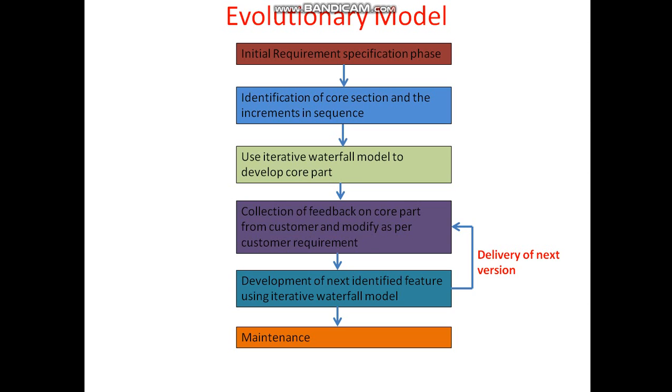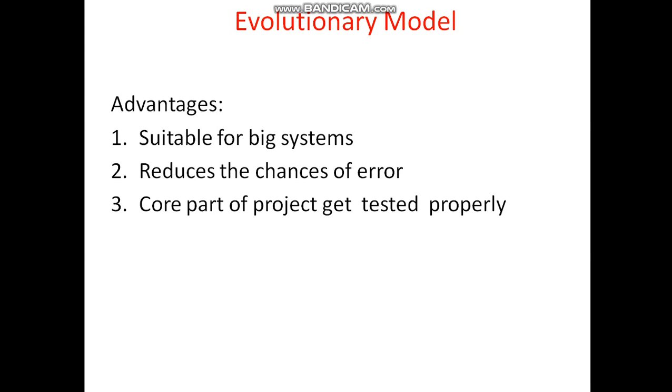But identifying them, and the cost involved in dividing the project and again joining it, is like divide and conquer. So this is a little bit of a tedious task, but this approach is very much suitable for big systems.